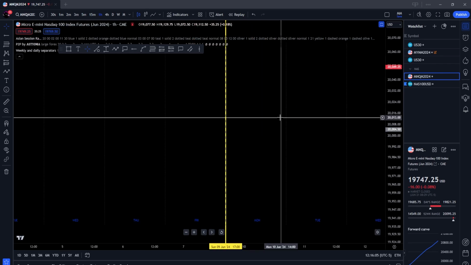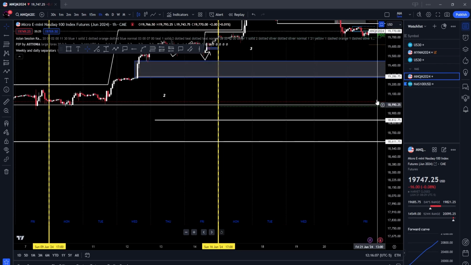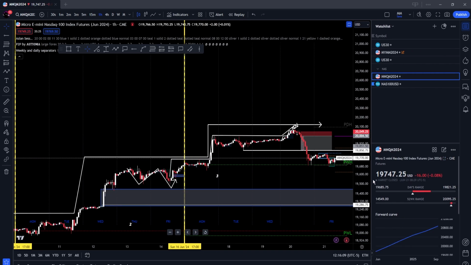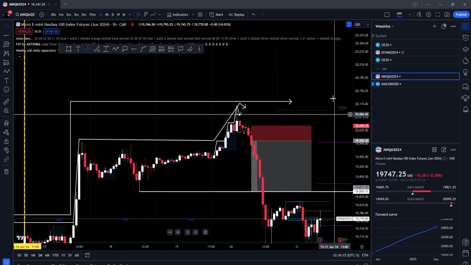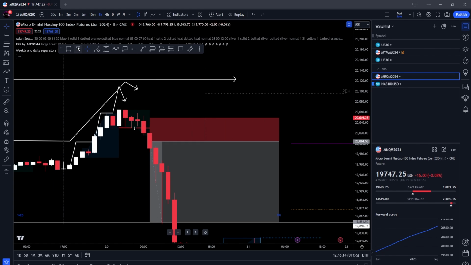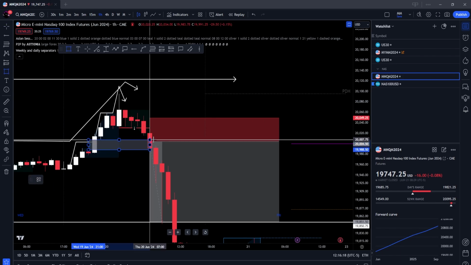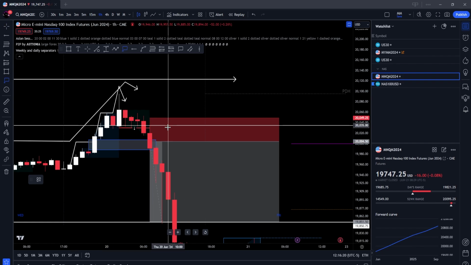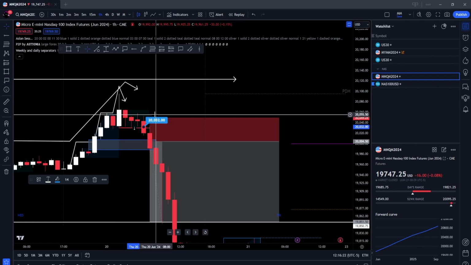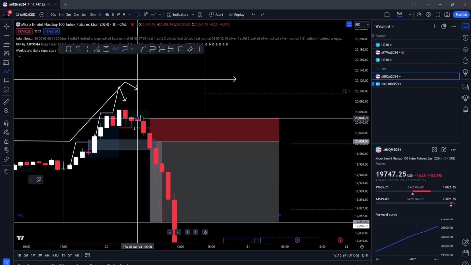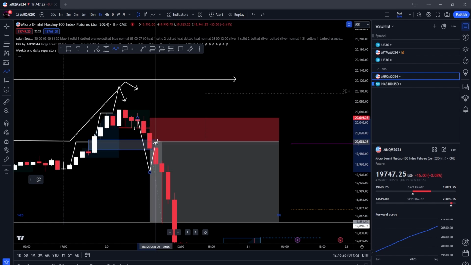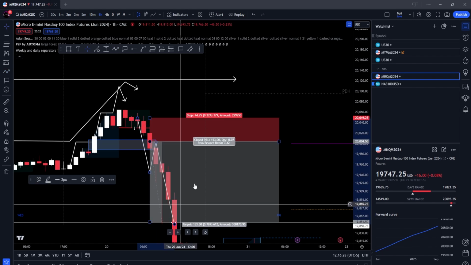Was that the 1 hour, I think? Yeah, there we go. So right here we had a gap that price broke through, came back, turned it to an inverted gap, and then just sold off from there.